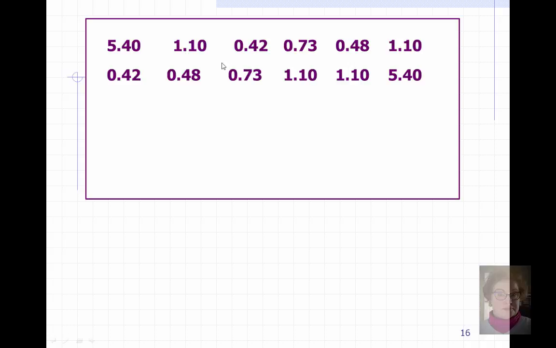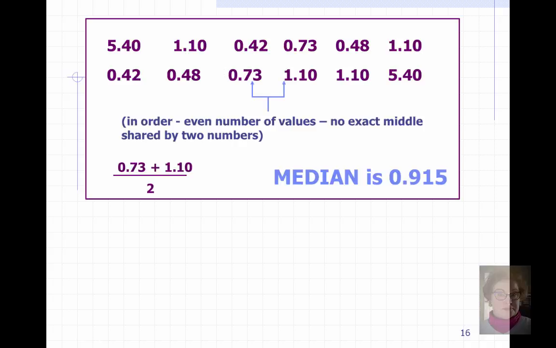So my median is going to be halfway between the two middle values. So what I'm going to do is add those up, which I'll get 1.83, and then I'm going to divide by 2. And that will give me my median, which is 0.915.